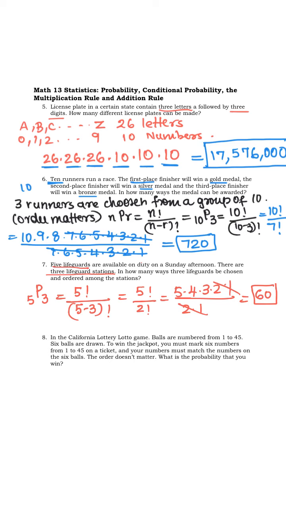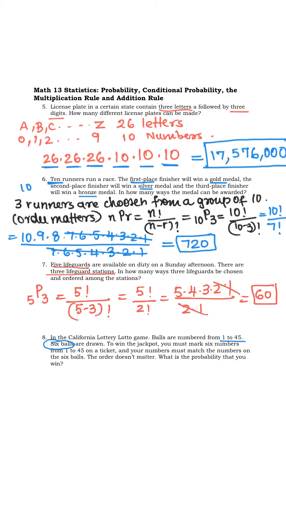Next example is a California lotto game. The balls are numbered from 1 to 45. We need to choose 6 balls. To win the jackpot, you must mark 6 numbers from 1 to 45 on the ticket, and your numbers must match the numbers on the 6 balls.